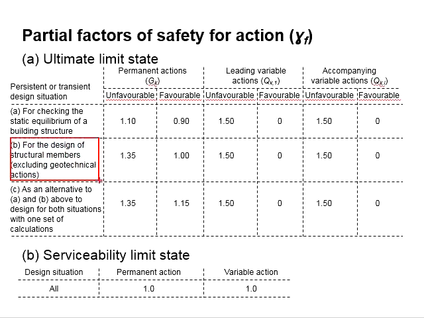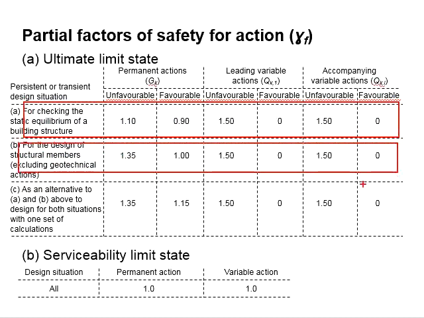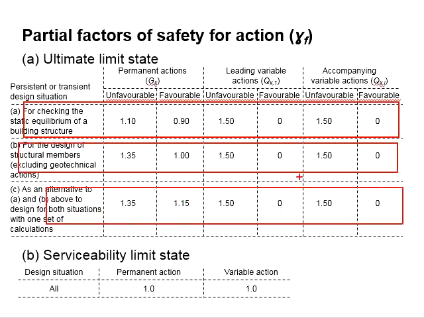It excludes the geotechnical actions. These conditions are used mainly for the structural design. The third condition is an alternative to the first and second conditions. The factors of safety of the different conditions differ slightly.